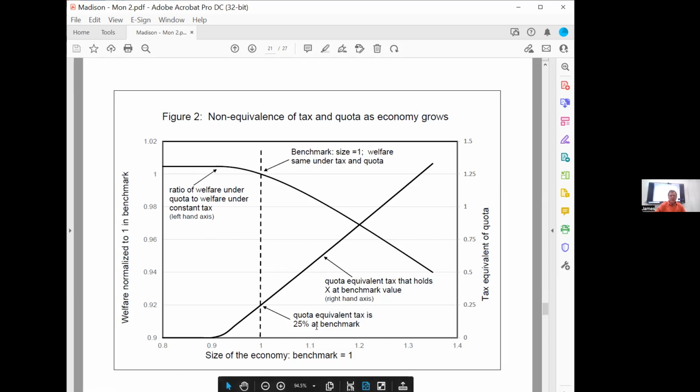So the upward sloping line shows the quota equivalent tax, which is 25% at the benchmark. As you make the economy smaller, the quota equivalent tax actually goes down and welfare goes up a little. In this particular example, it doesn't go up for very long because the quota becomes non-binding.